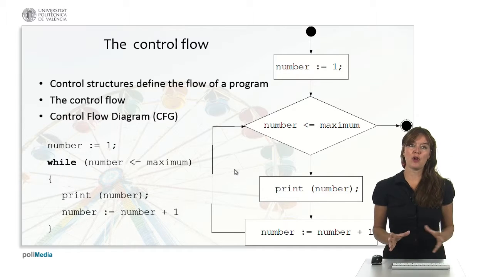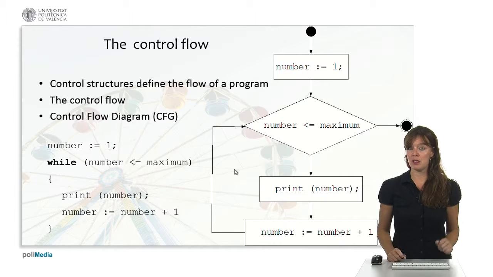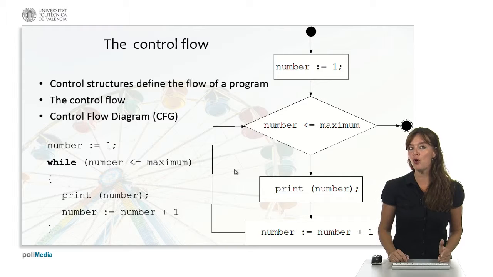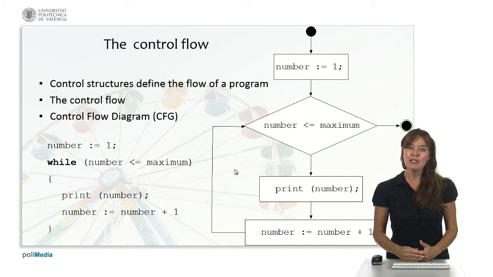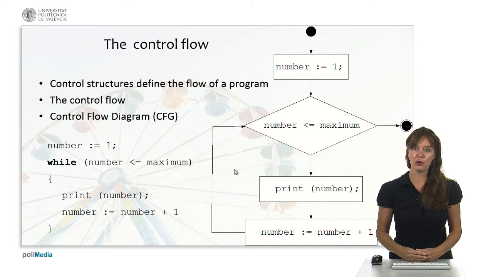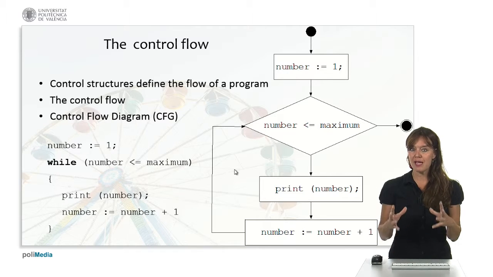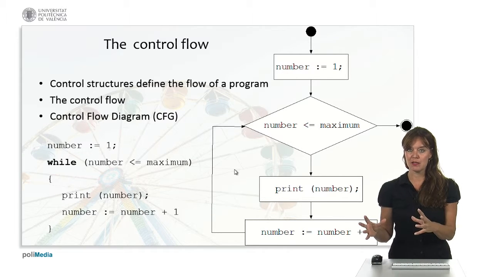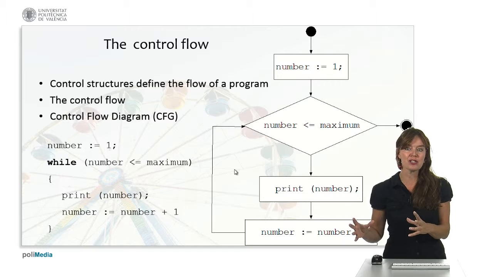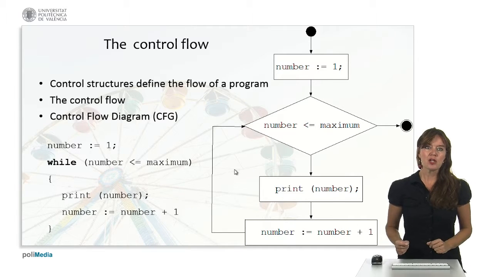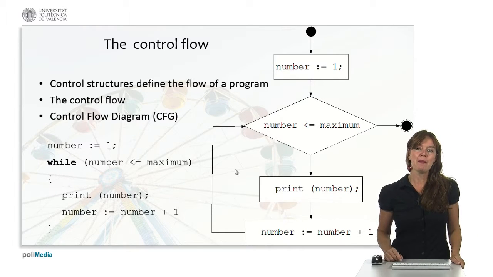So control flow structures like if statements, case statements, for loops, and while loops determine the control flow of your program. What statements are being executed and what are the conditions that they depend on. So this control flow of a program can be depicted in a control flow diagram or CFG.